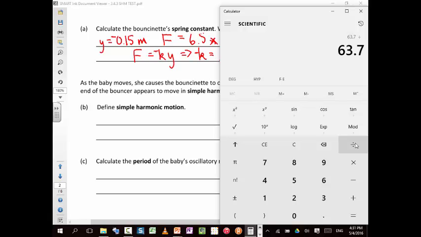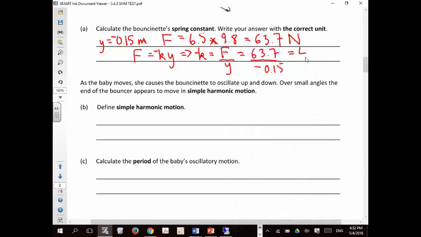And so that will give us 63.7 divided by 0.15 equals 425. Sorry, that's negative 425 newtons per meter.